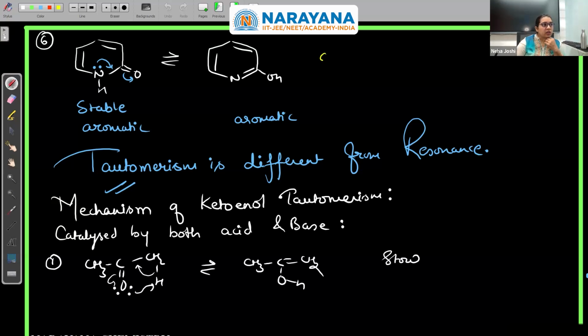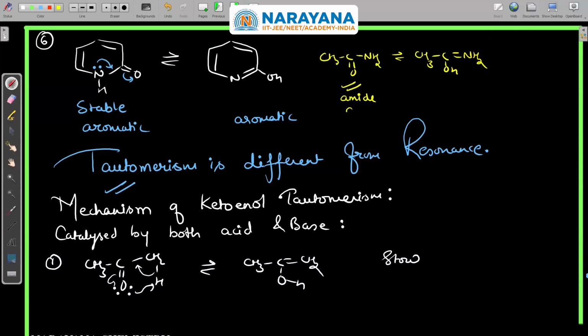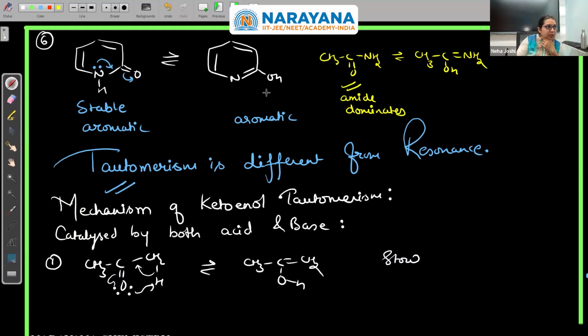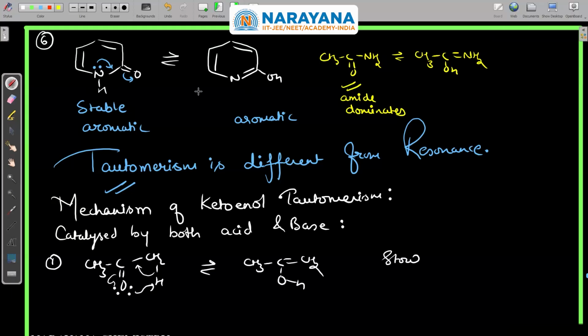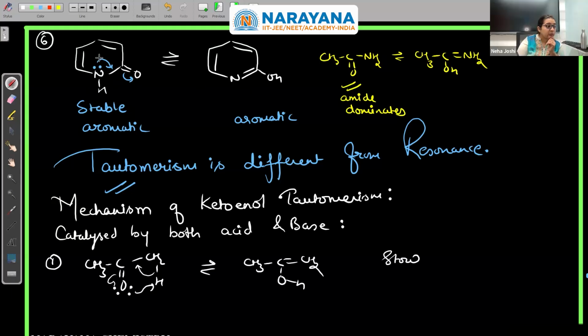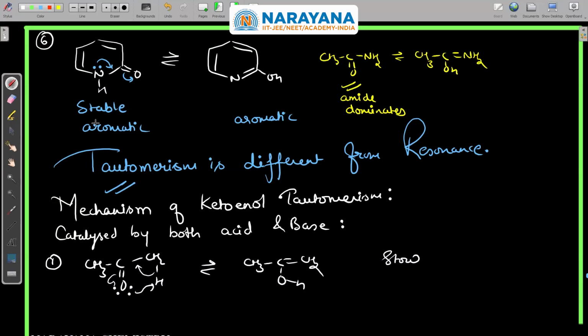Now, in general, if we are talking of amide-imidol tautomerism, CH3C(OH)=NH2, then by bond dissociation energy logic, amide dominates. Right. Now, this is also amide-imidol, but your system is already aromatic. So there is no driving force. Why should I lose my bond dissociation energies? It is as stable.